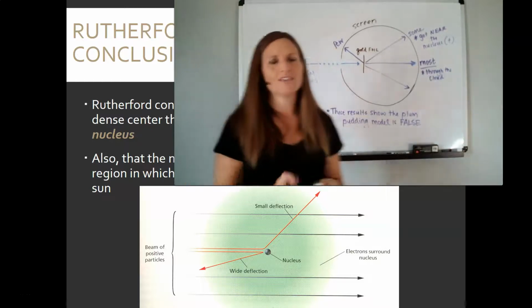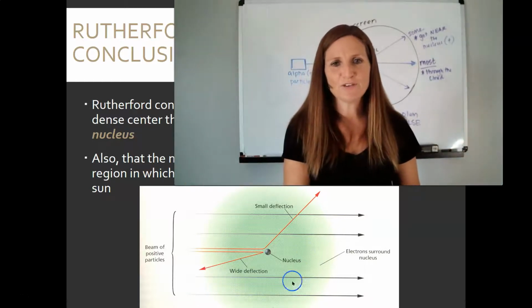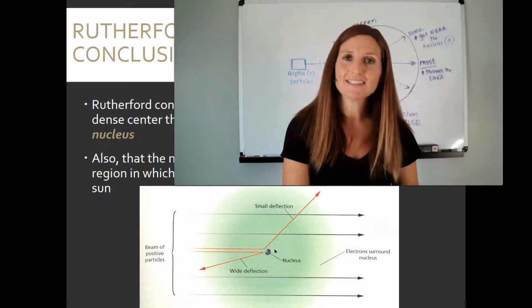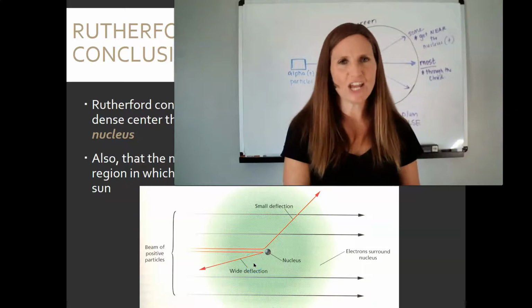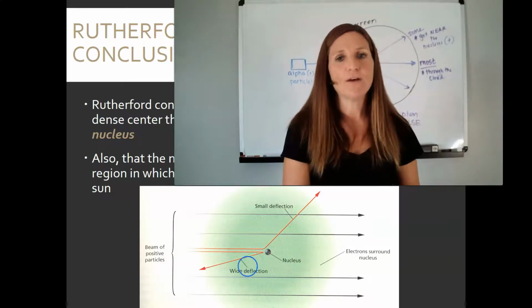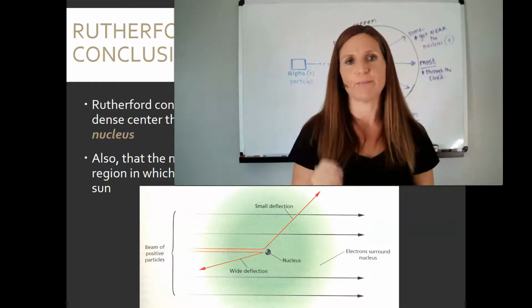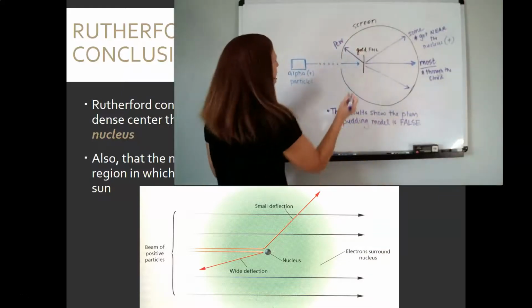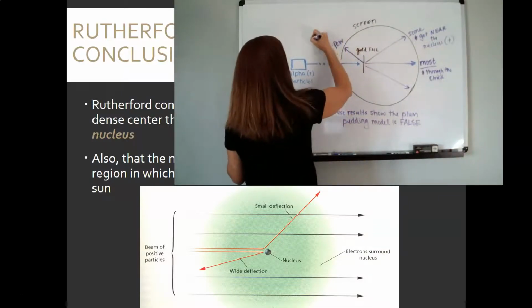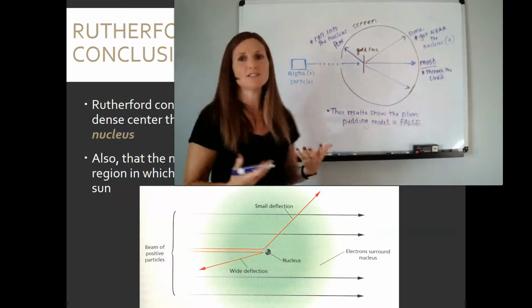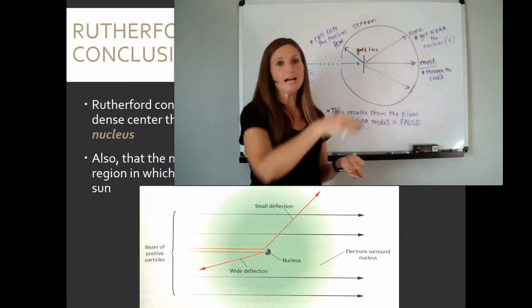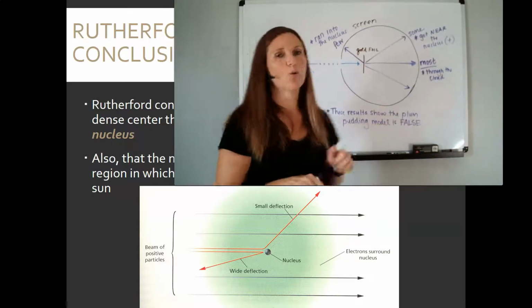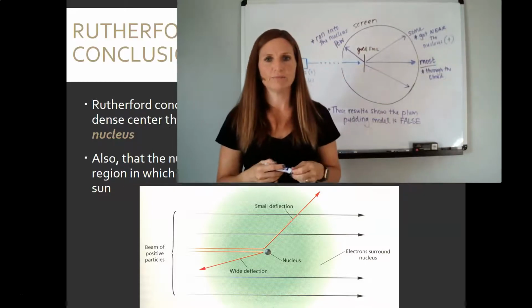These few are the unlucky few. These few happened to run dead center into the positive nucleus. Very small chance of that happening. However, a small number did. They ran into the nucleus, and that nucleus deflected them back towards the front of the gold foil.